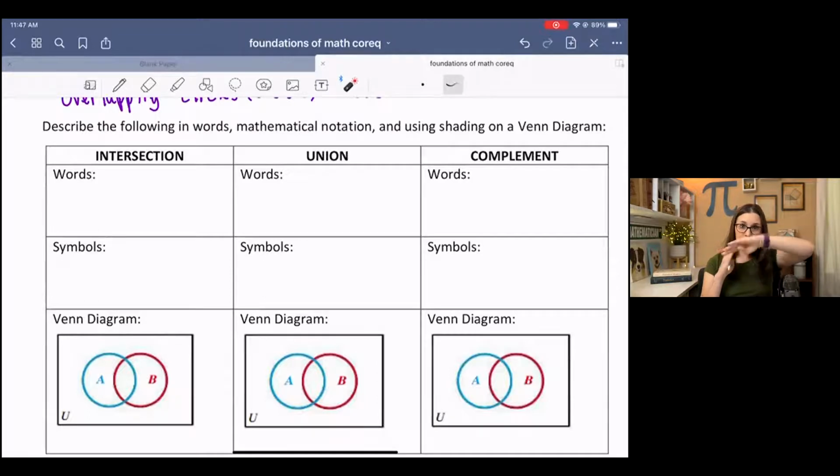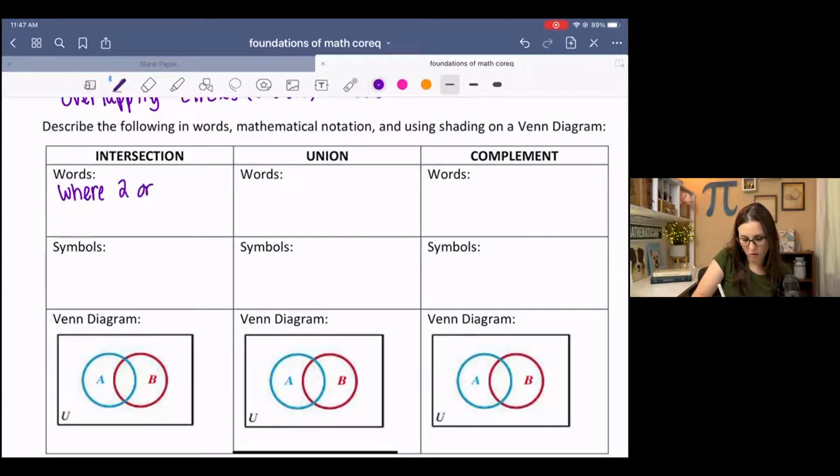And usually there's a stop sign or a stoplight where they intersect. And so that is where two or more sets overlap. It's where they cross.